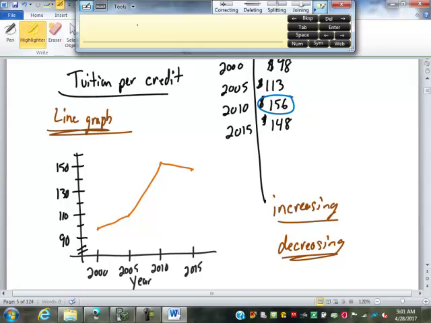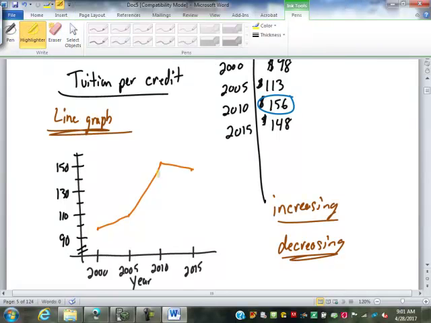We can't tell the individual year because we only did every 5 years, but from 2000 to 2005 to 2010, on average, it increased because the line is sloping up, positive slope in terms of our graphing. 2010 to 2015, on average, it's decreasing because the slope of that line is negative.